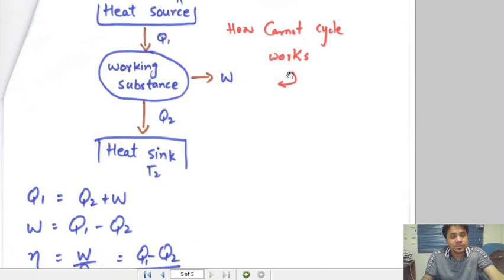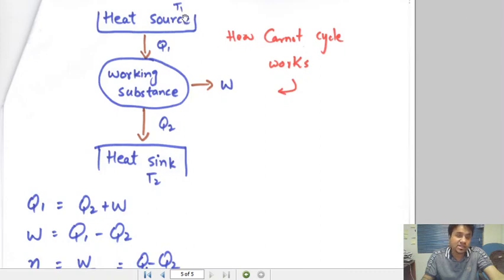The simplest possible engine works in conjunction with a heat source which is at temperature T1 and a heat sink which is at temperature T2. In one cycle, the heat source transfers energy Q1 to the engine, which does some useful work W, and transfers extra heat Q2 to the heat sink.